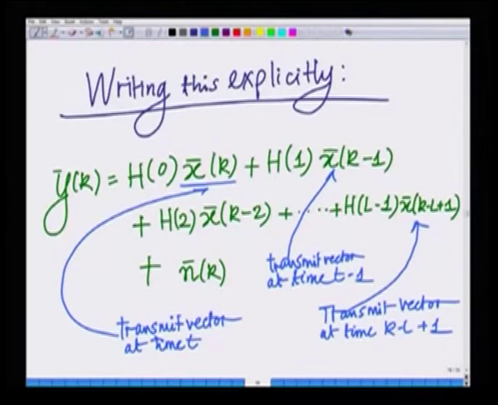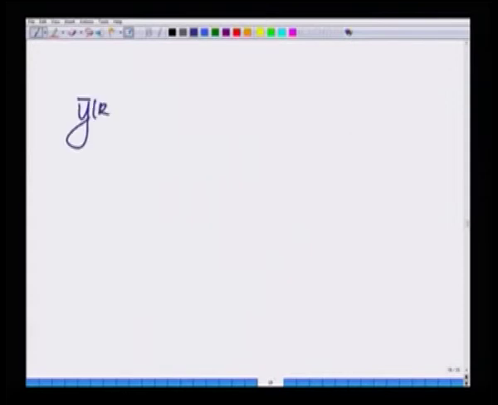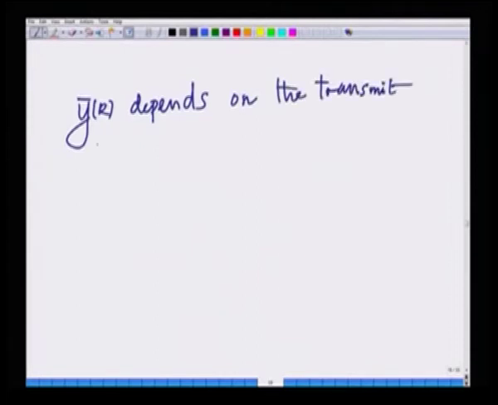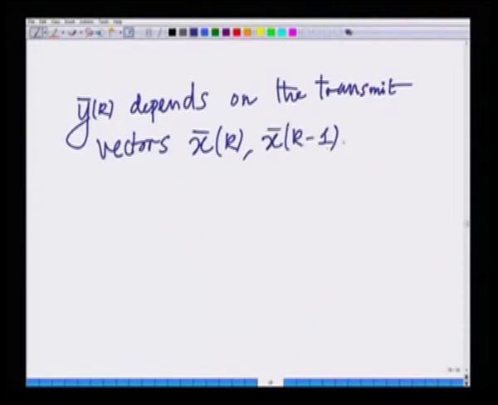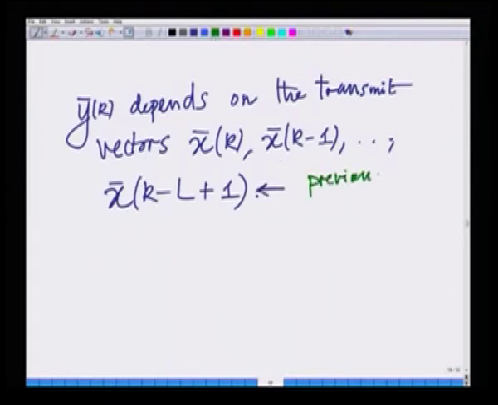So, y bar k depends on the previous transmit symbol vectors.